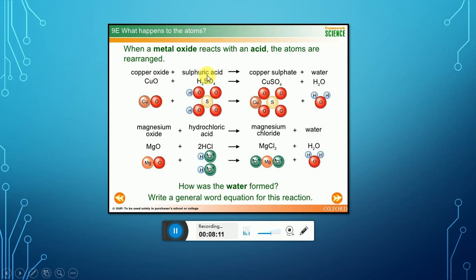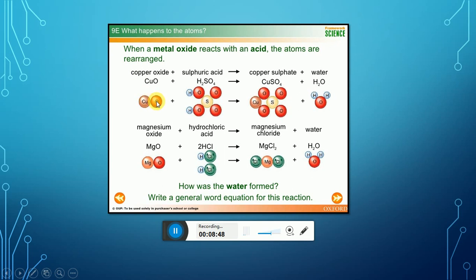On the product side we have copper sulfate, so SO4 remains the same. The sulfur stays with its four oxygen atoms, and the copper from the copper oxide attaches to the SO4. The two atoms of hydrogen are removed and attach to the oxygen. This is how they react with each other.